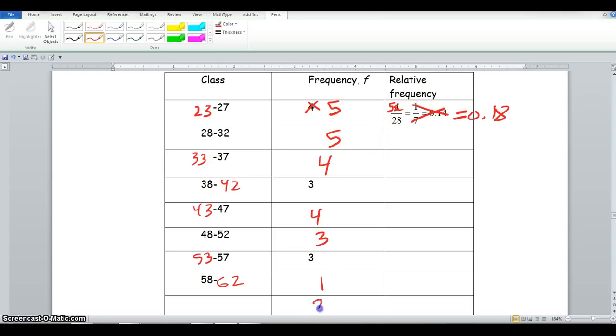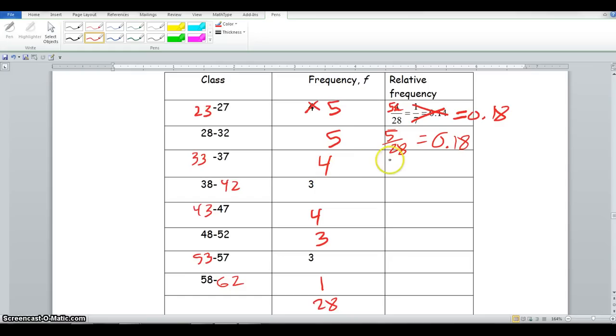Remember, our total frequency is 28. So what we would do is take the class frequency divided by the total amount of numbers that we have. So this will also be 5 over 28, which is equal to 0.18.